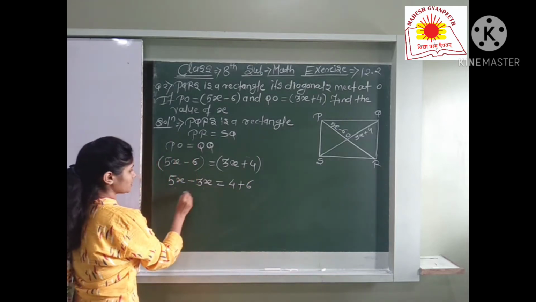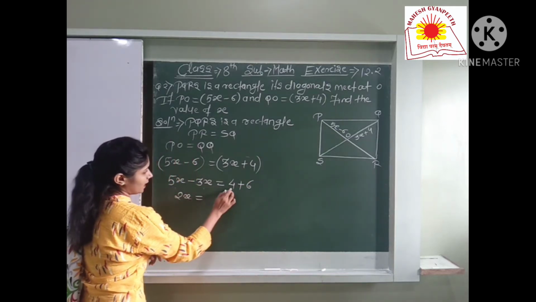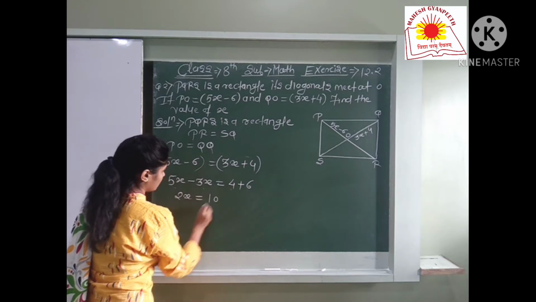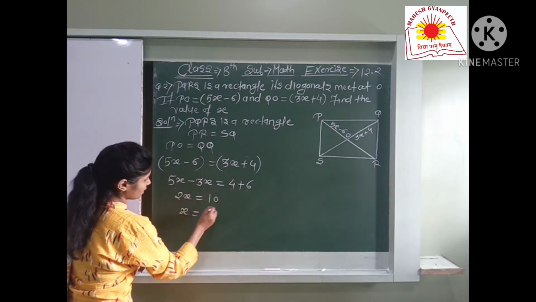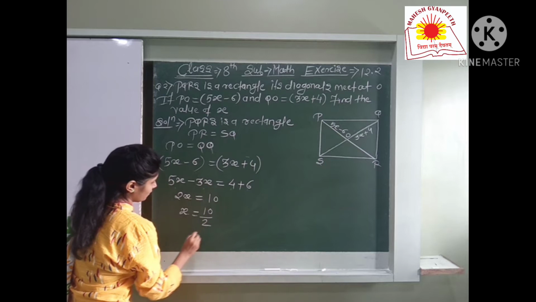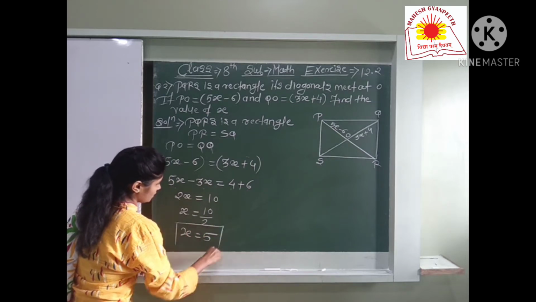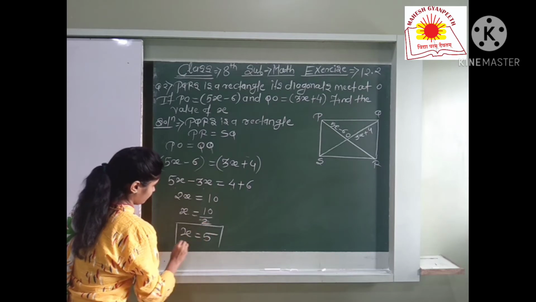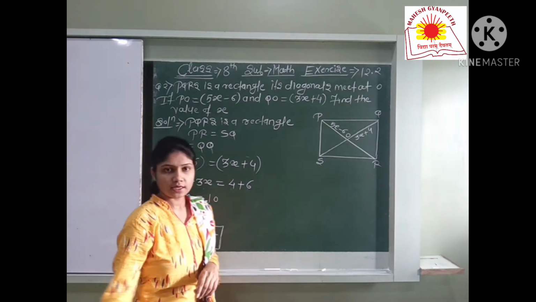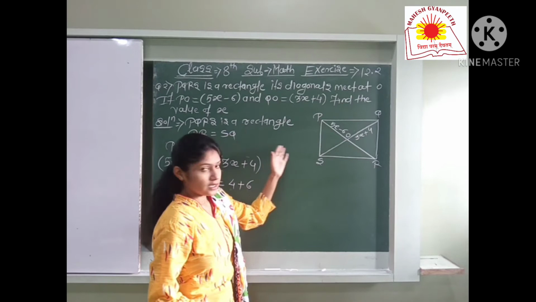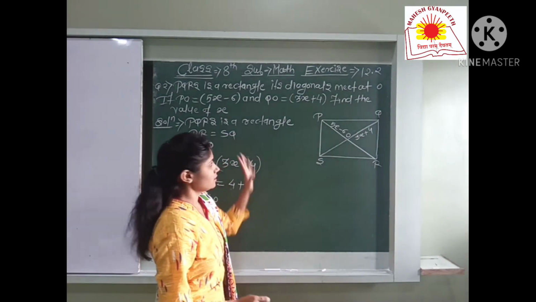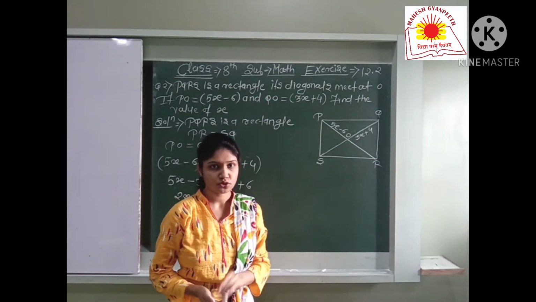Then 5x minus 3x is 2x, and 4 plus 6 is 10. Now 2 is transferred to the other side, so 10 divided by 2. So x is equal to 5. This is the answer. This is how we solve question number 2.